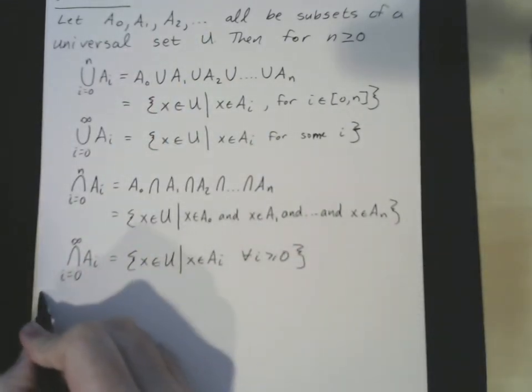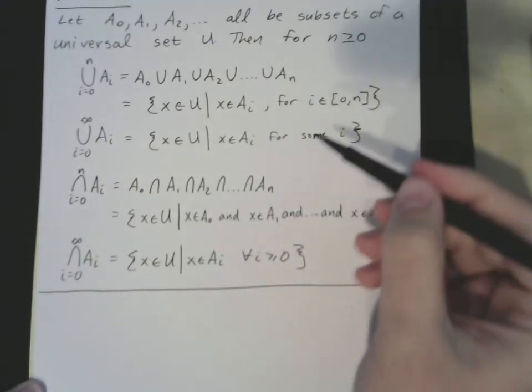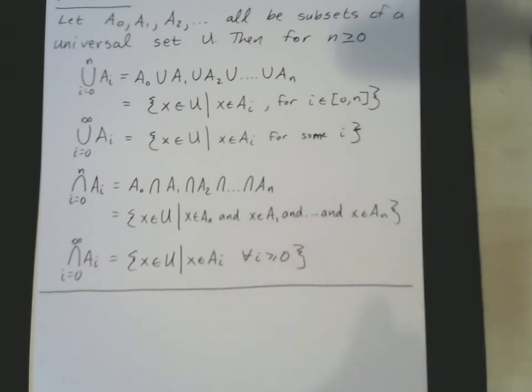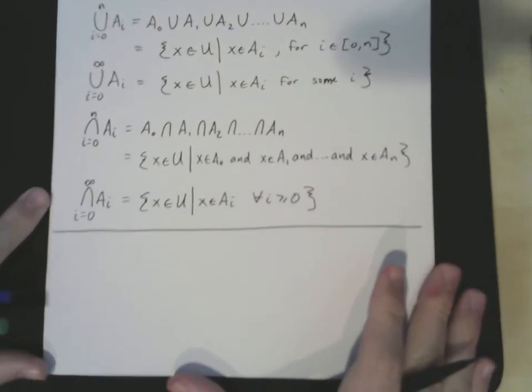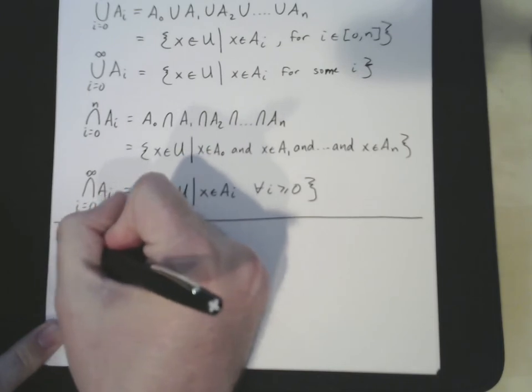When we start looking at subsets like this, either intersecting or unioning a bunch of them, we want to have some language to talk about them a little bit more. And so that's where disjoint sets comes in.